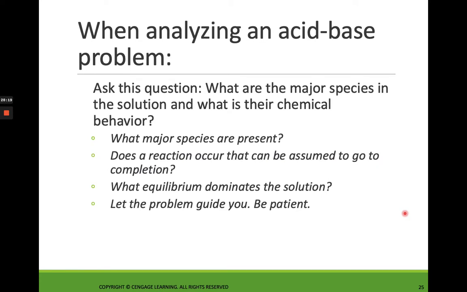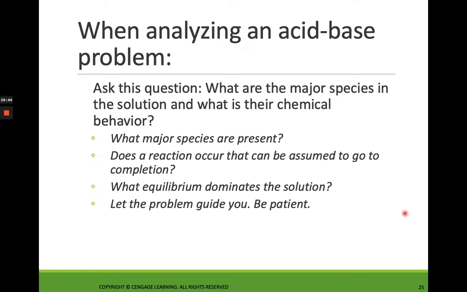So why is this all important? Later on, we will be dealing with acid-base problems. So in analyzing, we'll really have to consider what major species are present. Okay, does a reaction occur that can be assumed to go to completion? So we are now talking about a complete reaction or an irreversible reaction.